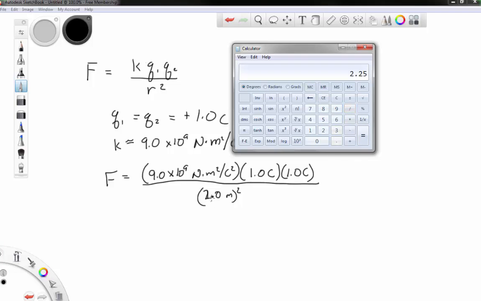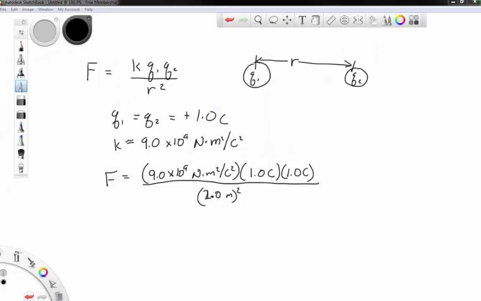Okay, so that gives us 2.25, and then we don't have any powers of 10 outside of this one, so this looks like we're going to have a force of about 2.3 times 10 to the 9th newtons.